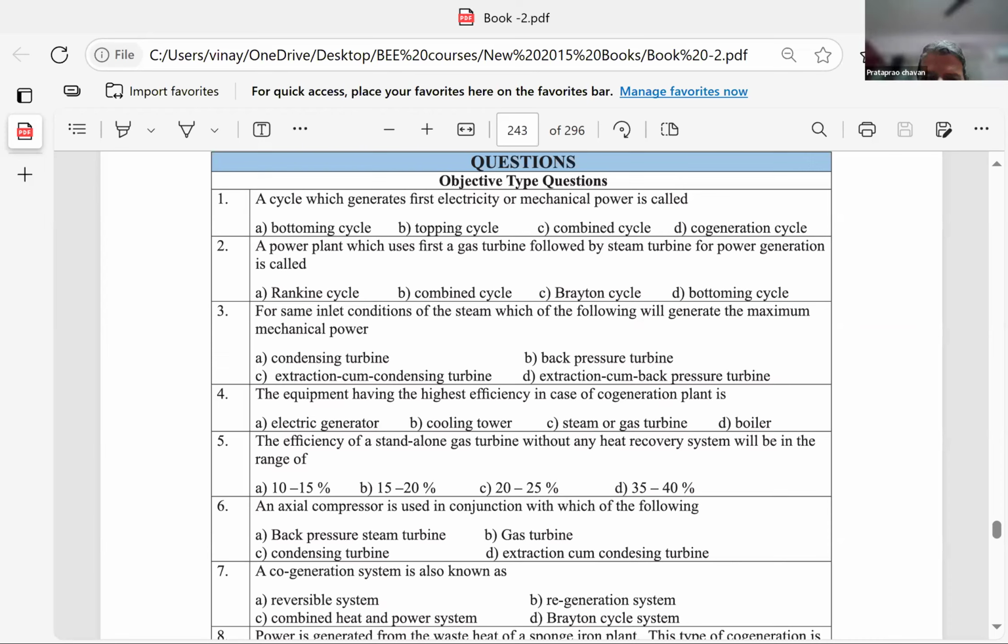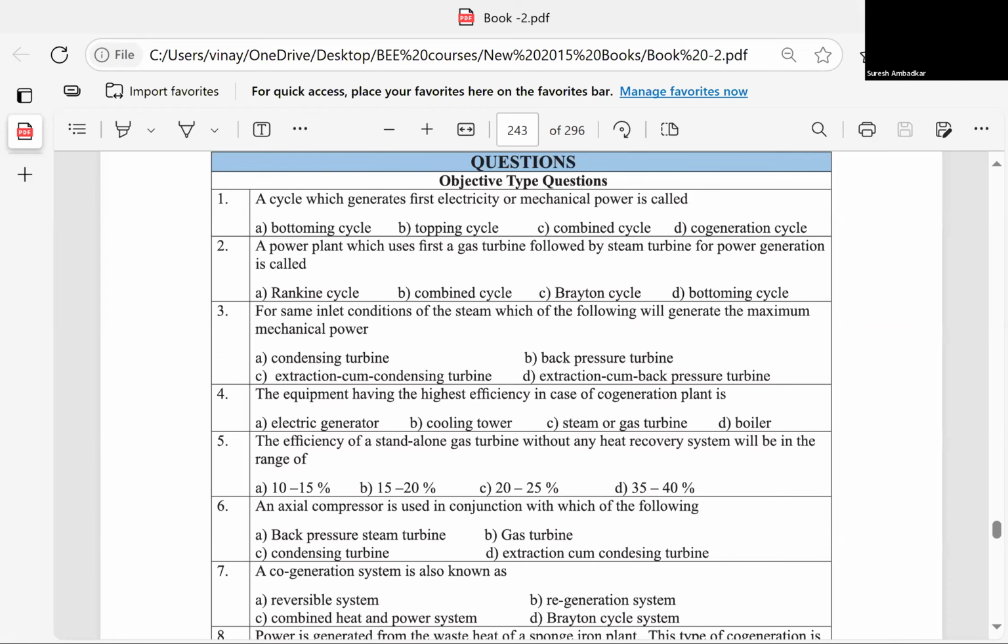For the same inlet condition of steam, which of the following will generate the maximum mechanical power? There are four types of turbines shown: condensing turbine, back pressure turbine, extraction cum condensing turbine, extraction cum back pressure turbine. Remember, back pressure turbines are always low efficiency.